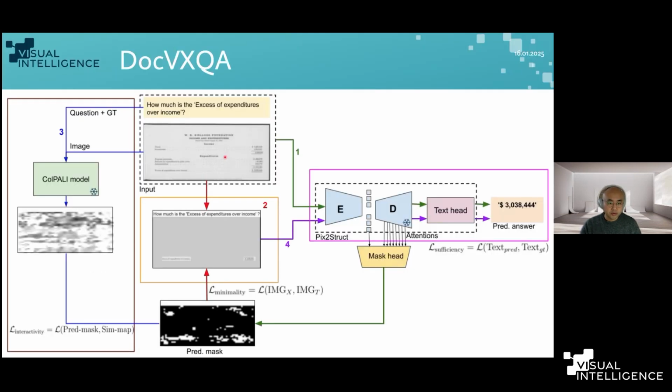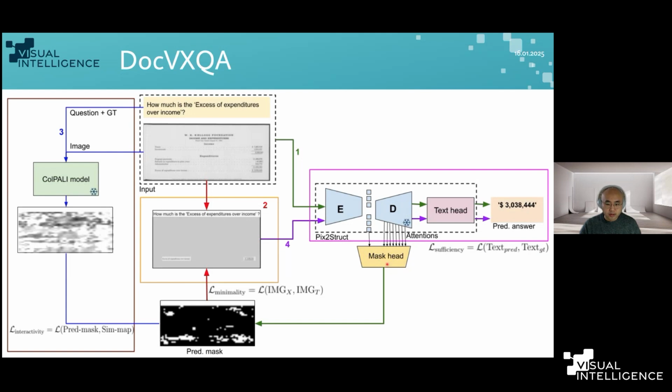So what we do is to incorporate this ColPali model as prior information and optimize it through the whole network. So let me follow step by step. We have a query and images fed into the network, into the PaliGemma structure that we are going to train, and it has some mask head.